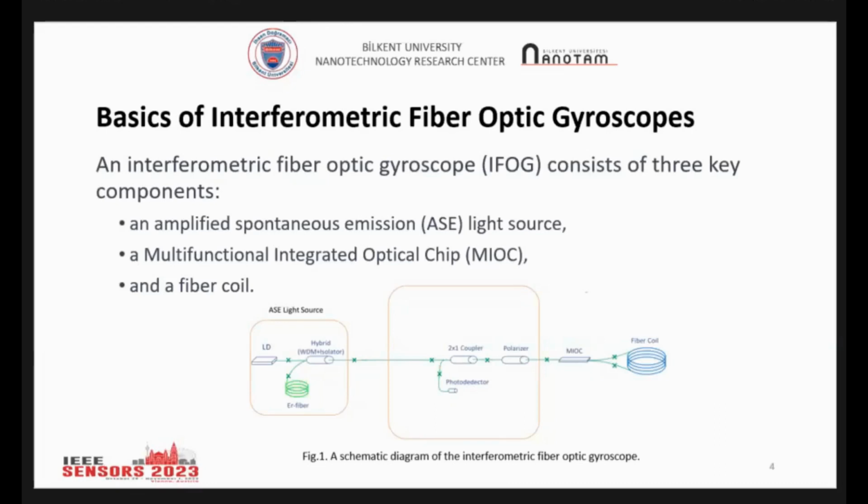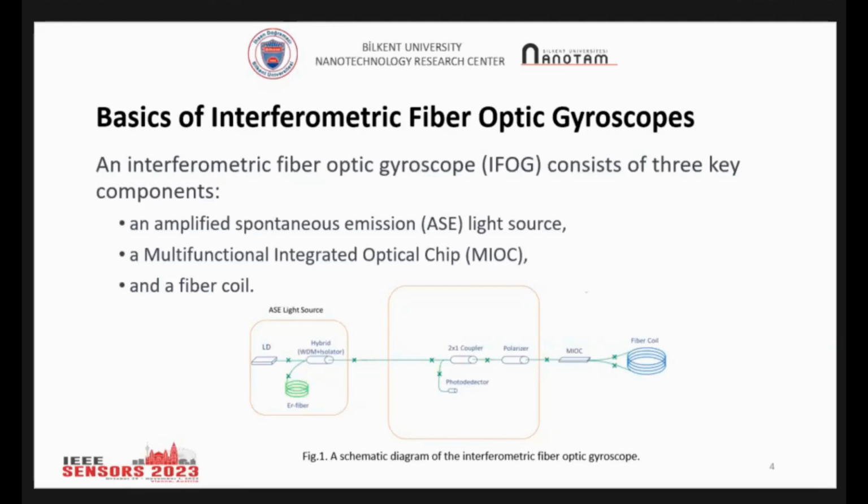If we briefly summarize the basics of interferometric gyroscopes, in the schematic you can see that the basic configuration consists of three components. The first one is the ASE light source. The second one is the multifunctional integrated optical chip, MIOC.